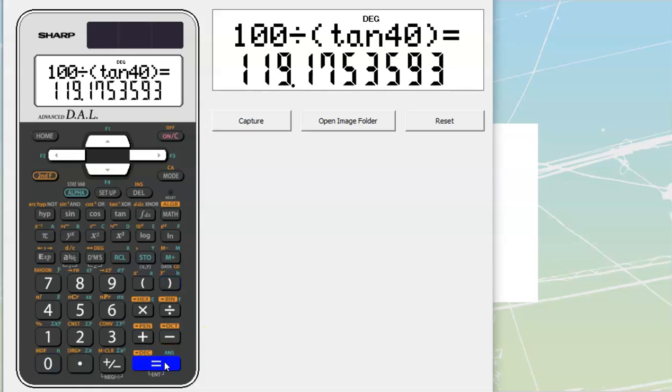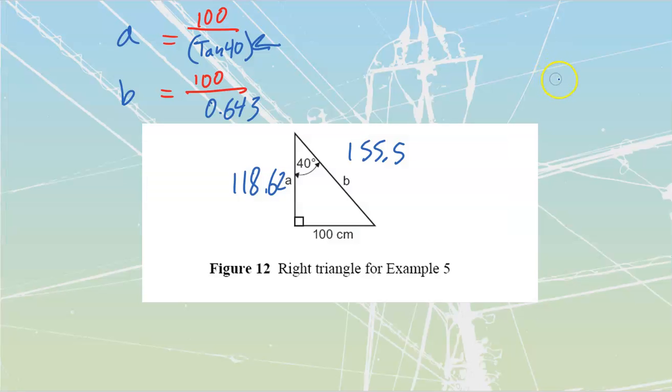And I see that it's bringing me out to a value of 119.17. If I compare that to this, 119.17, I see that it's approximately the same. The reason that this one over here is smaller is because we worked off of a rounded value that we had. So if I do things fully properly, using the actual mathematical operators inside there, I'm going to end up with a more accurate one.